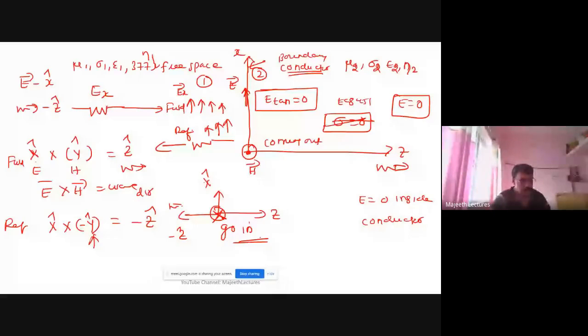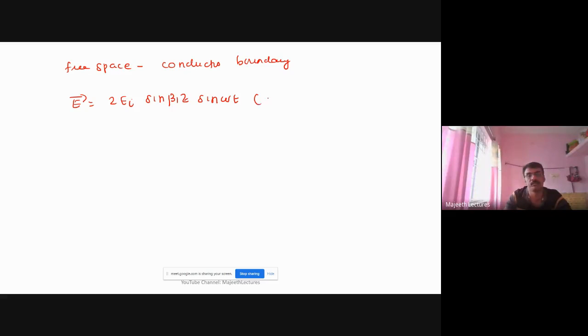And the important formula we have to remember is for the conductor dielectric boundary in free space, the conductor boundary. What are the values? Here E is given by 2E_I sin beta z into sin omega t a_x. E is in the x direction.